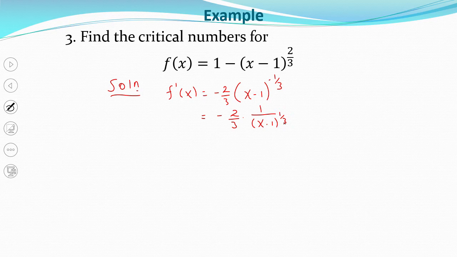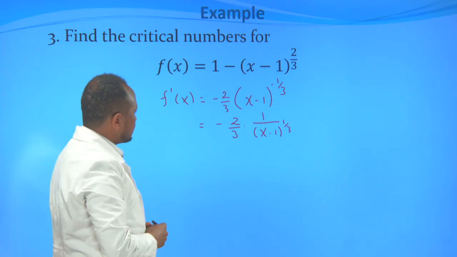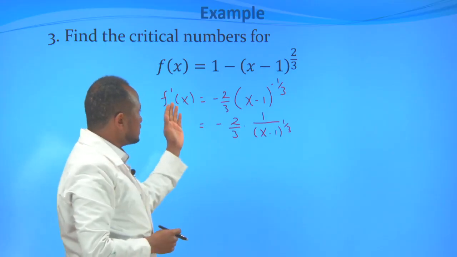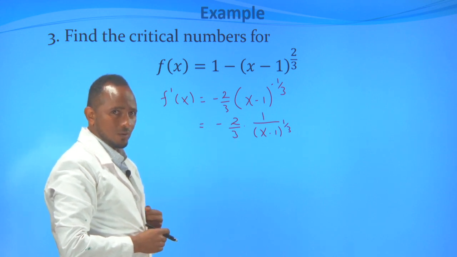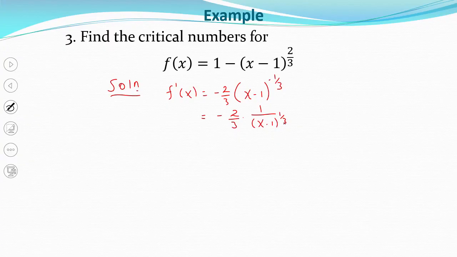So from this, the derivative of this expression cannot be 0. If you set 2 over 3 times (x minus 1) to the power of 1 over 3 equal to 0 and cross multiply, you get that 2 equals 0.